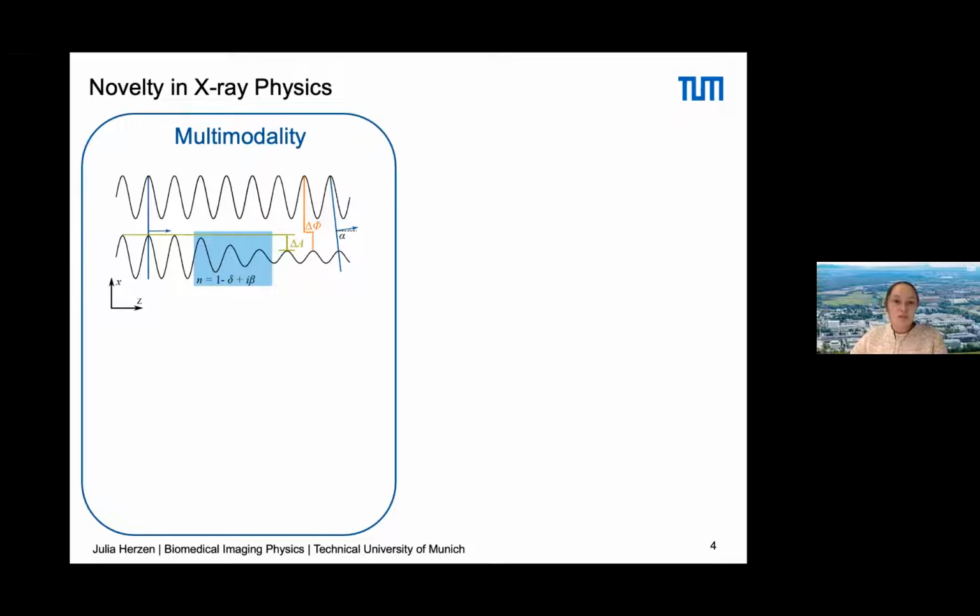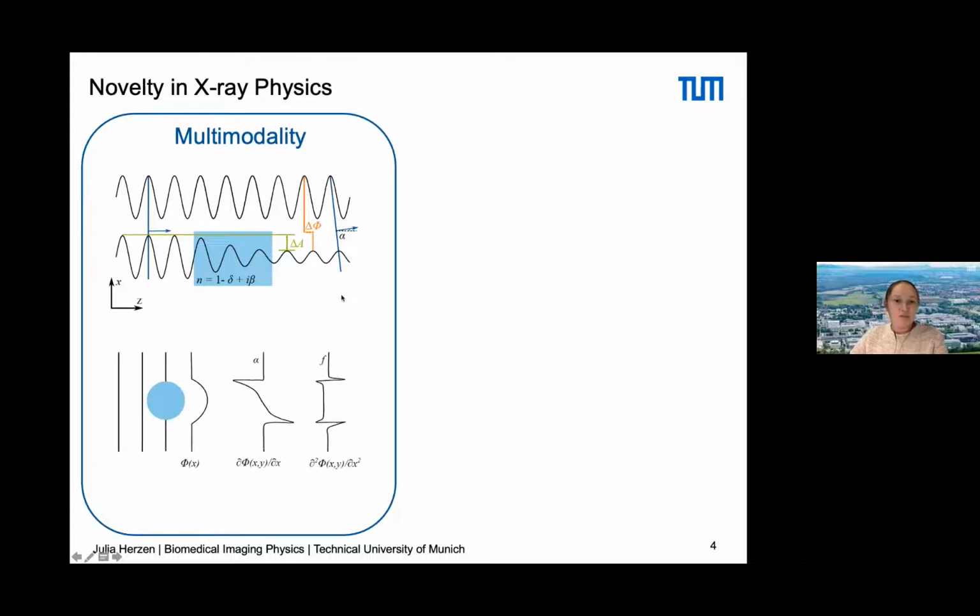What I mean by multimodality is that you're not just looking at the transmission of the X-rays, or the attenuation, purely the reduction in the amplitude, but also at the phase shift, so tiny refraction angles, which also happen if your X-rays pass through a material, which is described here by this complex refractive index.